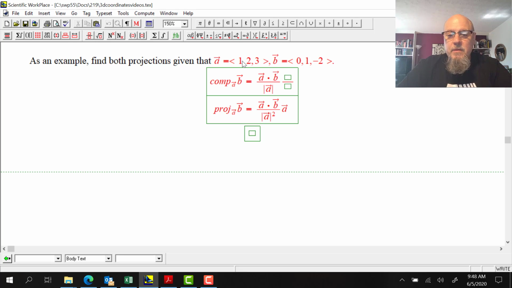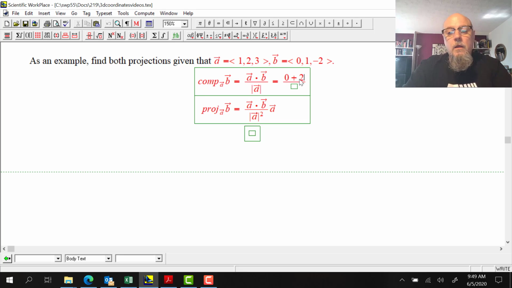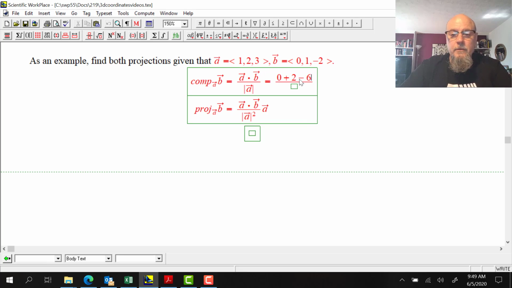So I need A dot B. I'm just going to take the dot product of these two. First component times first component, 0 times 1, plus 2 times 1, plus 3 times minus 2, minus 6.